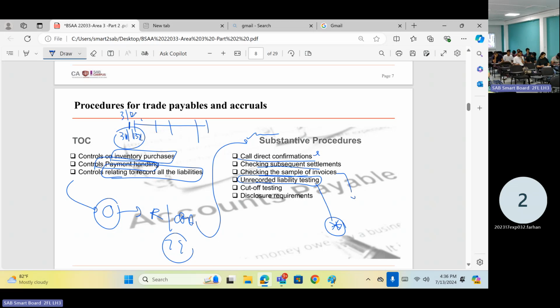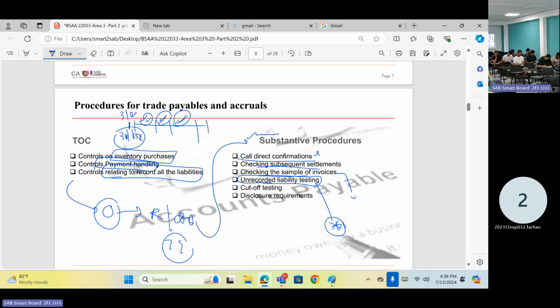For January, February, March, you are getting the cash book. You are getting the subsequent period cash book, and focusing on subsequent period cash payments.